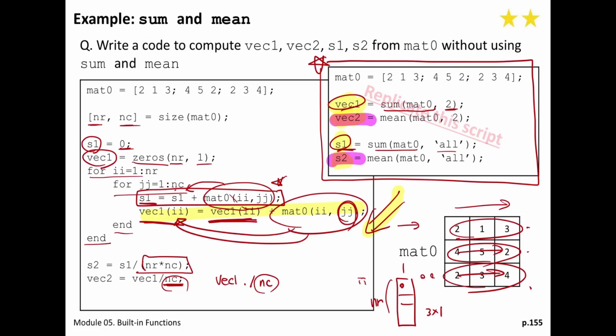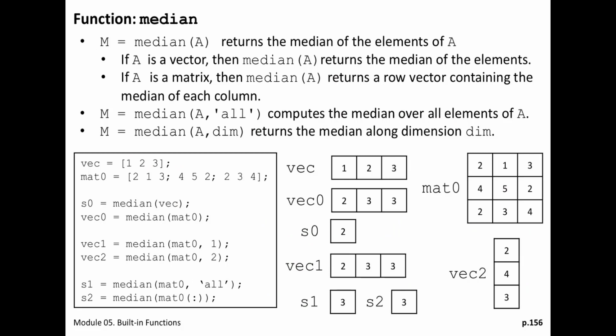Make sense? Okay. The median is the middle value of the elements of A, the input matrix or input vector. So the median is the middle number after sorting the elements. Again, the syntax structure is exactly the same as the mean or sum function.